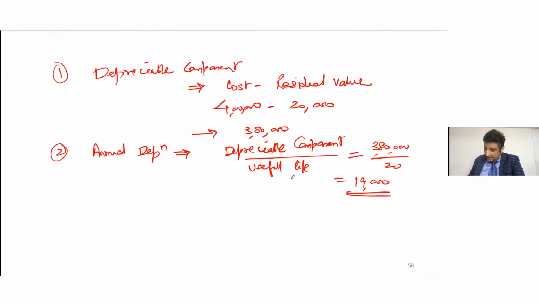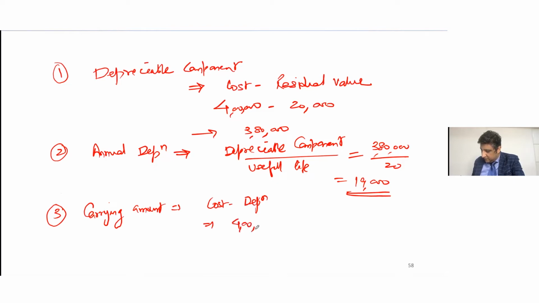Now, simply put, I would say the carrying value or the carrying amount will be cost minus depreciation, which is 4 lakh minus 19,000. That gives us, of course, 3,81,000 rupees, right?